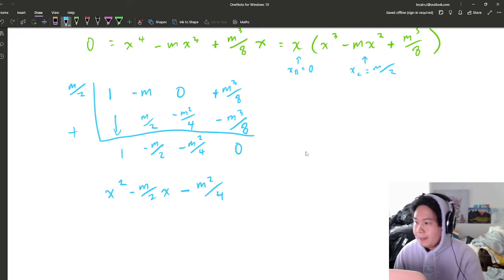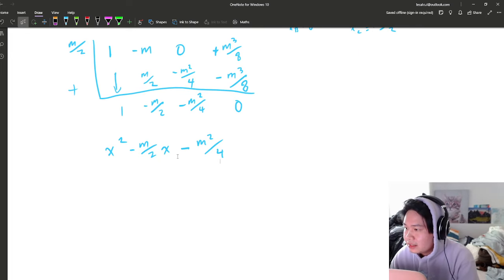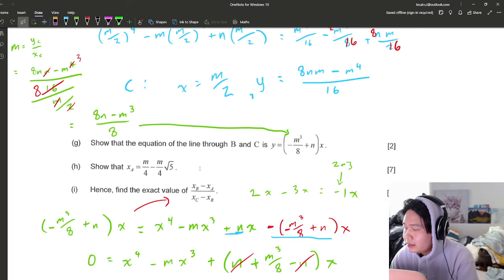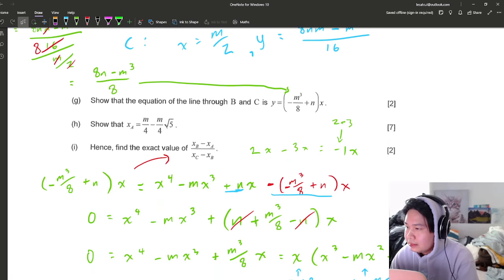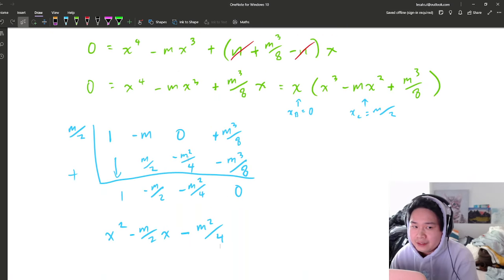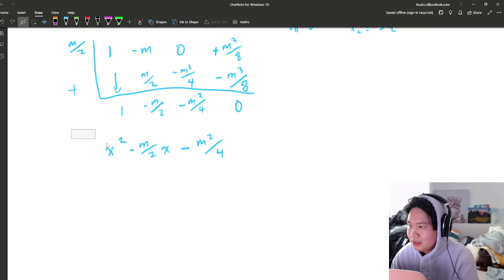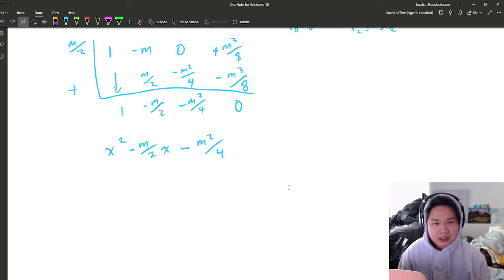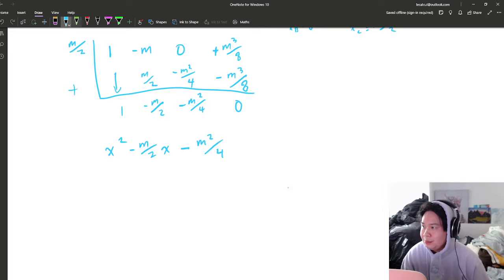Okay. And then... okay, there's a root 5, which tells me I think I need to use the quadratic formula on this next to find the two solutions that I'm missing, xa and xd. So this is like, if we factor it out, like this.